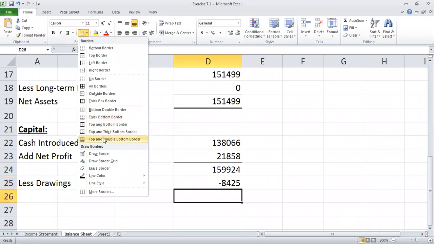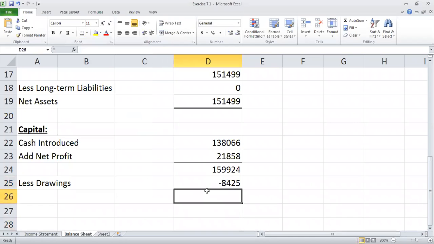Single and double line right here. So you have 159,924 minus 8,425, and you get 151,499. Therefore, the balance sheet is correct as can be.